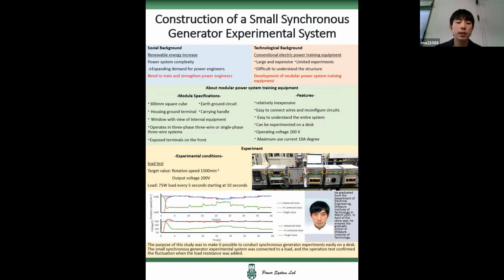The next step is to experiment with the operation of the fabricated module. In the experiment, the target values of rotation speed and output voltage are set to 1500 RPM and 200 volt, respectively, and the load of 75 watt is applied and released every 5 seconds from the state where the waveform is constant.